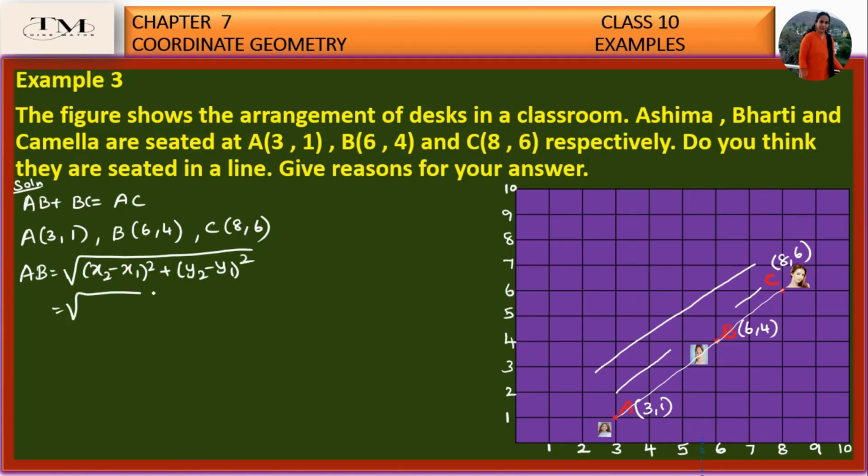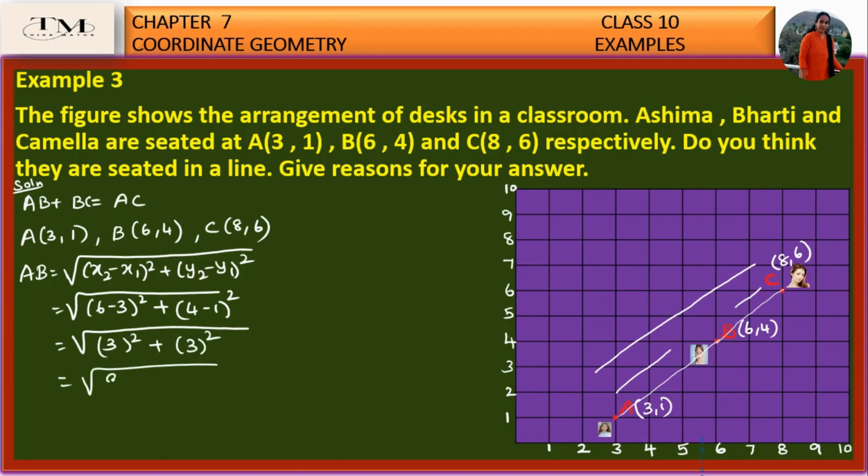So x2 is 6 and x1 is 3, so 6 minus 3 whole square plus y2 is 4, y1 is 1, so 4 minus 1 whole square. 6 minus 3 is 3, 4 minus 1 is 3. So 3 square plus 3 square. 3 square is 9, 3 square is 9. So it is nothing but root 18.